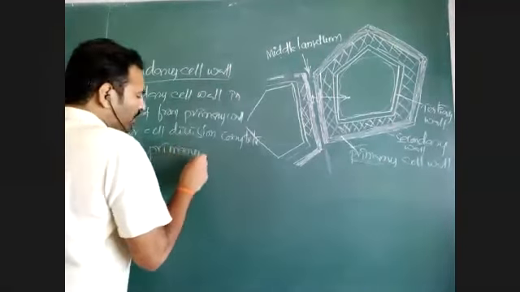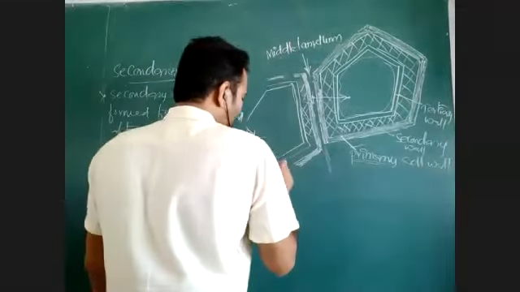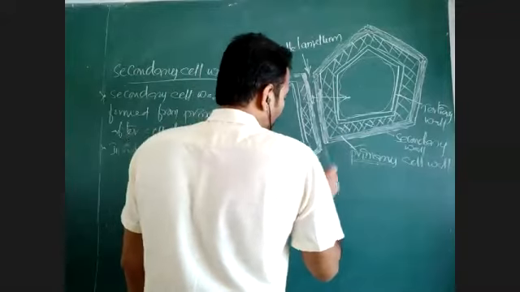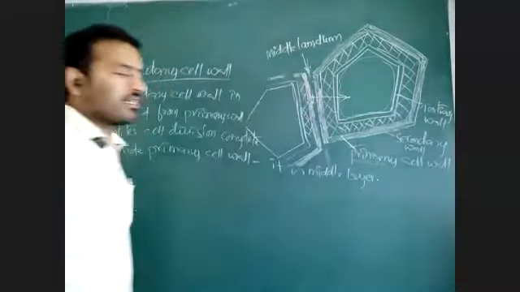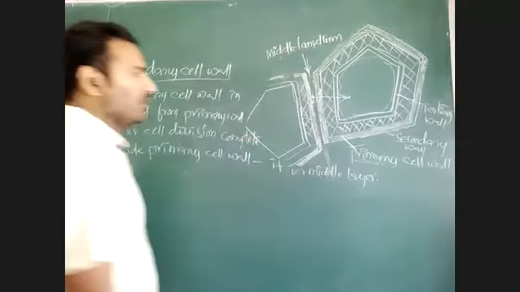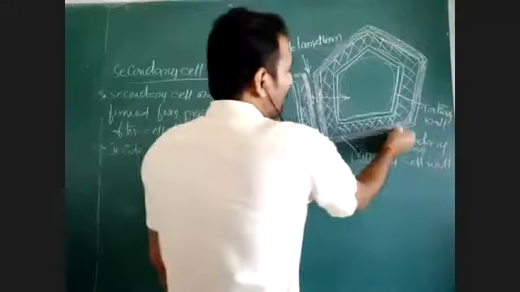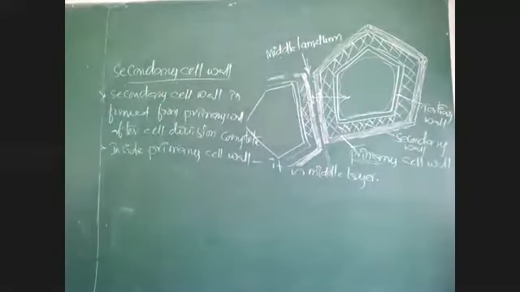Inside the primary cell wall there is this one, and it is the middle layer of the cell wall. Secondary cell wall is the middle layer. Outside there is a primary wall, inside there is a tertiary wall. Between the primary and tertiary walls there is the secondary cell wall, and it is thick and rigid.